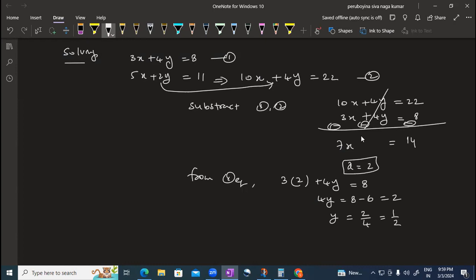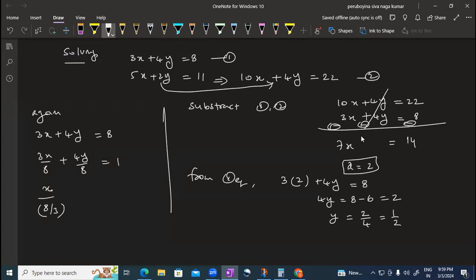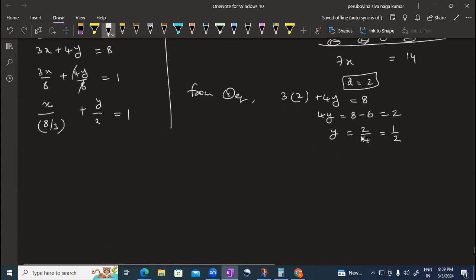And again, consider the lines individually. 3x plus 4y is equal to 8. Divide by 8: 3x by 8 plus 4y by 8 is equal to 1. So x by 8/3 plus y by 2 is equal to 1.